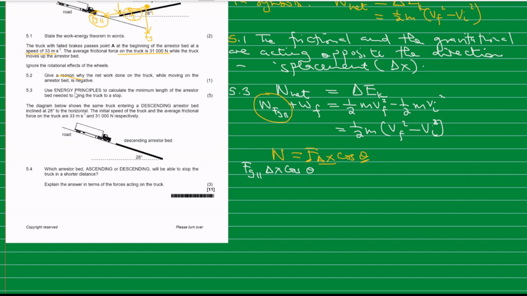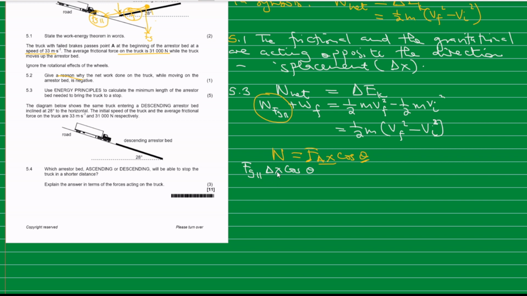The question says use energy principles to calculate the minimum length of the arrestor bed needed to bring the truck to a stop. That minimum length is our displacement: how far up the arrestor bed does the truck go? So we're going to calculate displacement here.